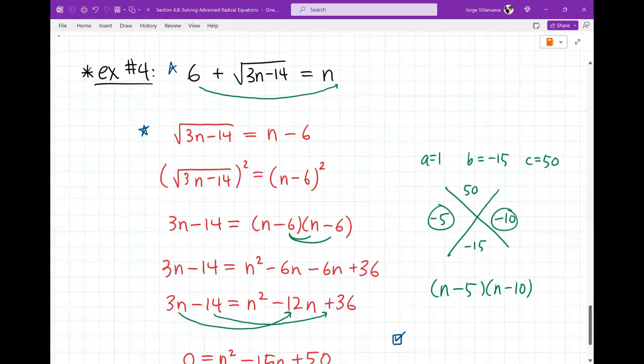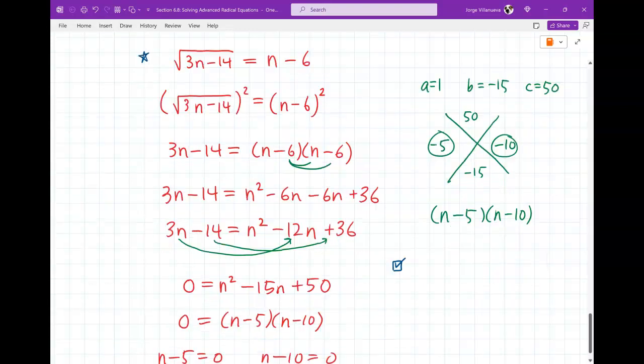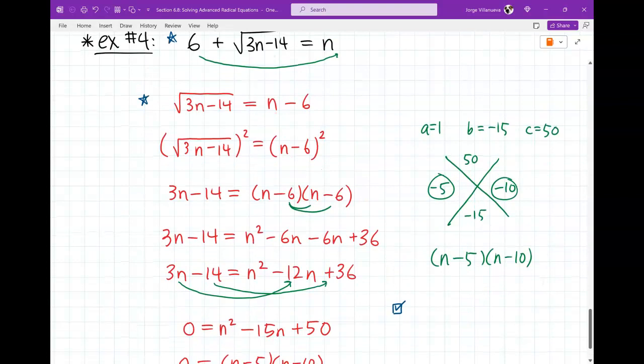You can do either this one or that one for checking. I just think it looks nicer that I have my square root all by itself instead of having a plus 6 at the end. That's my own preference. So that's the one I'm going to check.